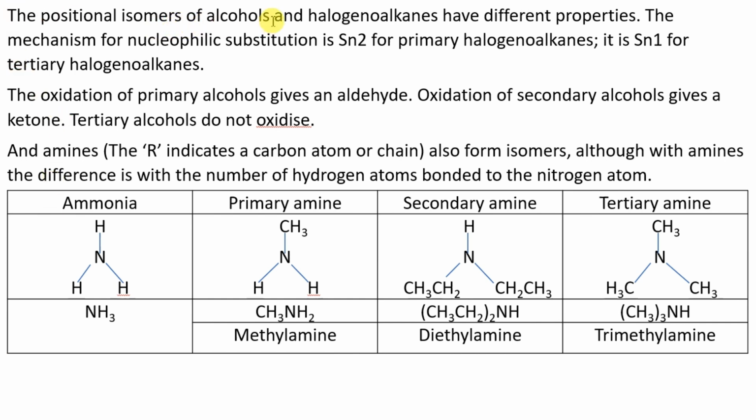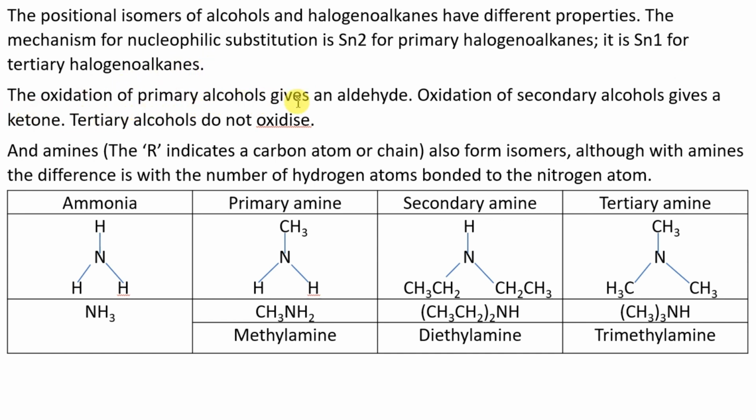Positional isomers of alcohols and halogenoalkanes have different properties. Examples. And we'll cover these in a lot more detail in specialist presentations on the 2 different functional groups. The mechanism for nucleophilic substitution is SN2 for primary halogenoalkanes, it's SN1 for tertiary halogenoalkanes.